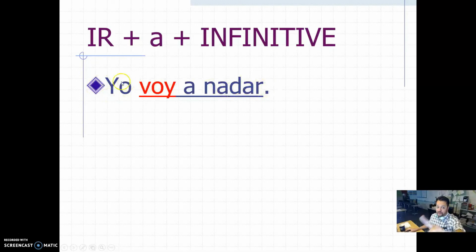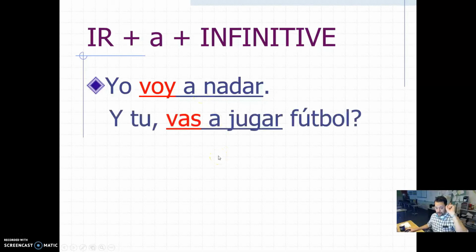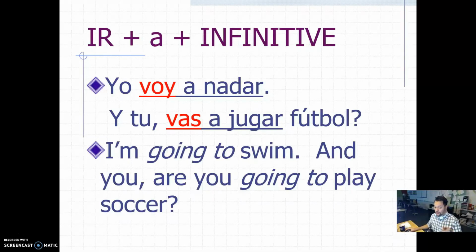The first verb you do, the second verb you don't. So, voy a nadar. I'm going to swim. ¿Y tú? ¿Vas a jugar fútbol? And you? Are you going to play soccer? Vas, that's a form of the verb ir, conjugated. A, and then, of course, your infinitive, in this case, another AR ending infinitive, jugar, that means to play.